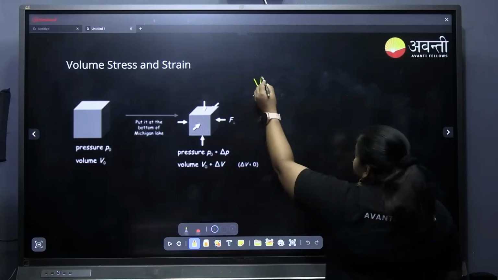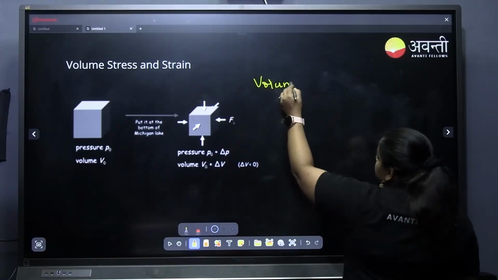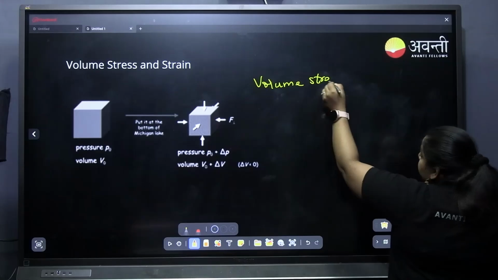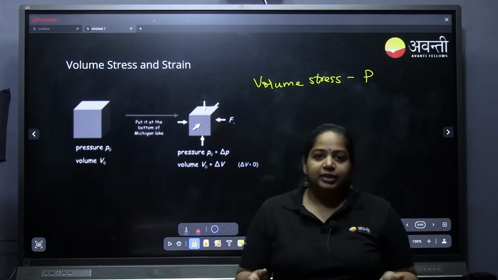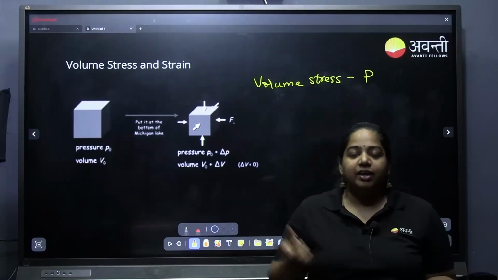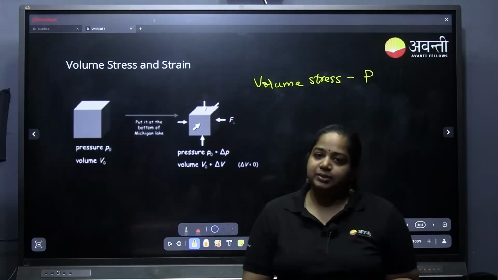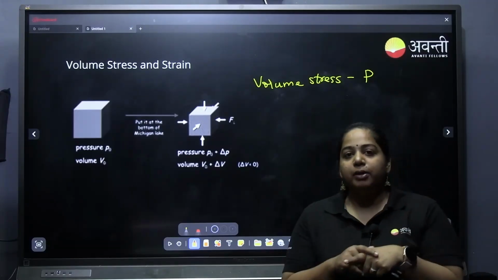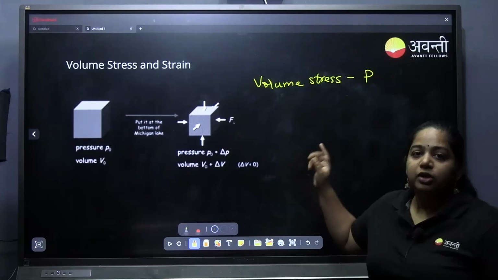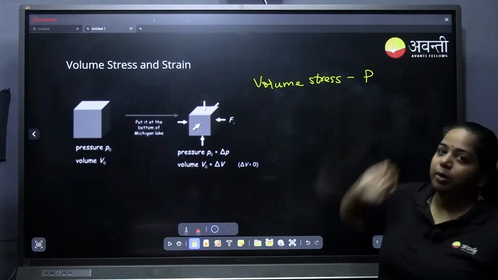So volume stress is nothing but our pressure. Whatever pressure is there, we will take and call it volume stress. As you know, atmospheric pressure acting on the balloon, that is the example you should remember. So volume stress is pressure.